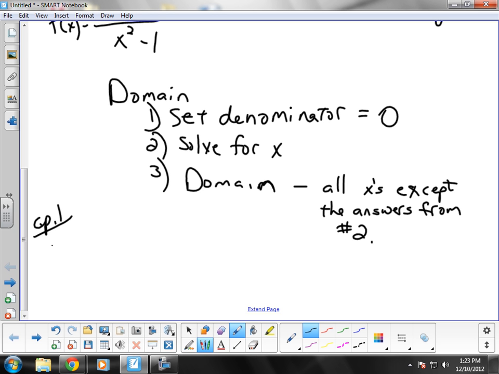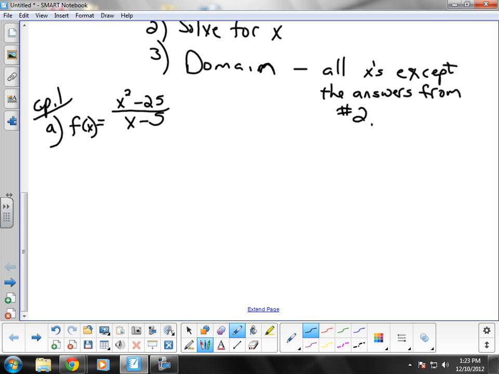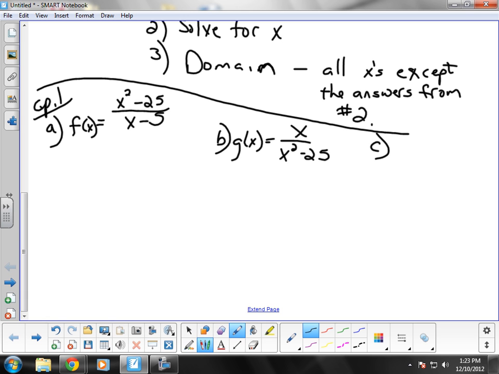On checkpoint 1, they want us to find the domain of these 3 functions. Kind of got offline there just a little bit, didn't I?